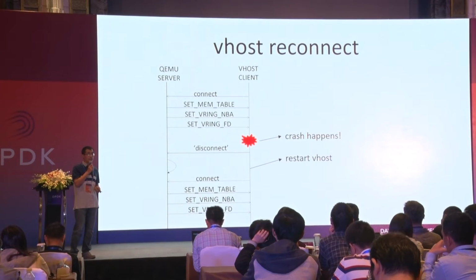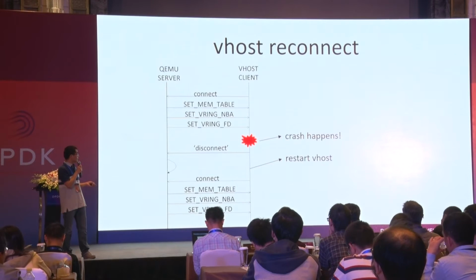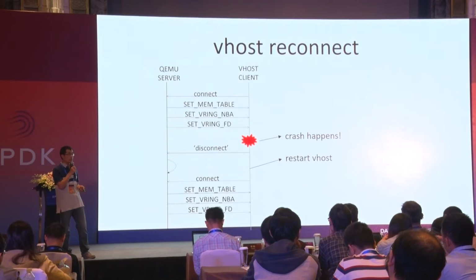Another status is the support of the features. Because of negotiating the features, if the driver is not reloaded, the negotiation will not start again. So we need to keep and resend them. And a third status is Vhost's own.